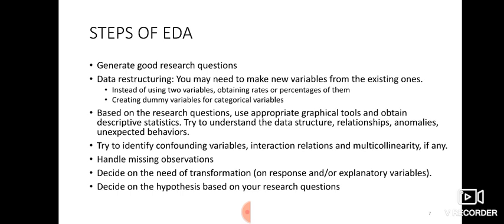Based on the statistics, we can understand the data structure, the relationships between variables, the anomalies and unexpected behaviors. We also try to find the confounding variables, the interaction relations and the multicollinearity. We can also handle the missing observations, decide on the need for transformation, and decide on the hypothesis based on these research questions.